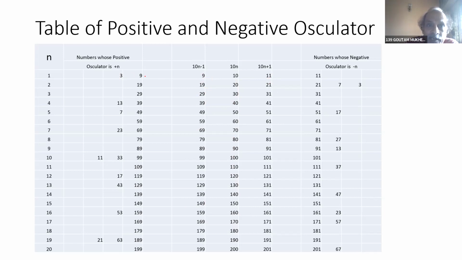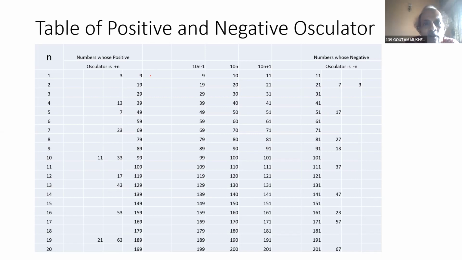For 3 and 9, we kept on adding because we do not notice it, because the oscillator is plus 1 in case of 3 and 9. So when adding the unit digit, multiplying by 1, we do not notice that something is getting multiplied. We just add it. In case of 3 and 9, we added all the digits. How is it coming?